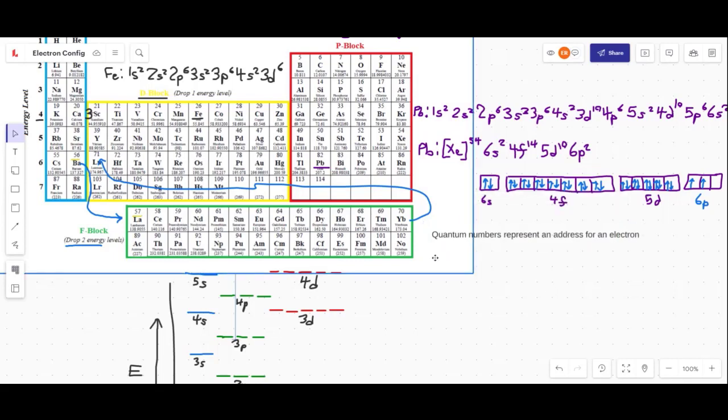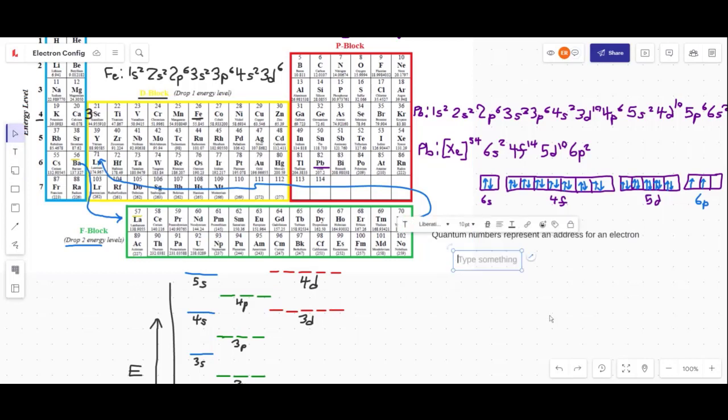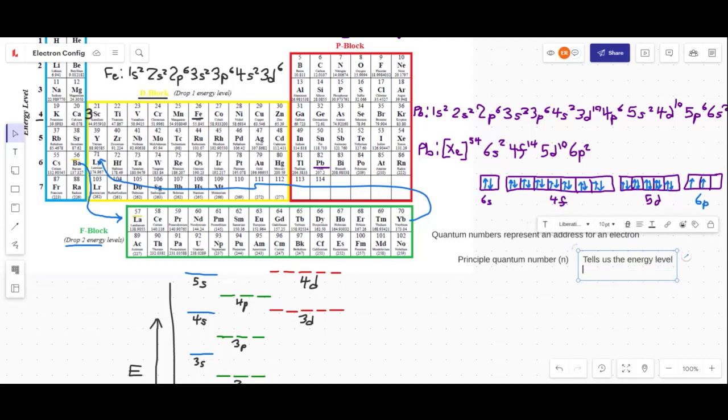Once again, this is by way of analogy, of course, but if I have an address for an electron, there's the principal quantum number, and that has the symbol N. And what does this tell us? Well, it tells us the energy level, or in other words, how far from the nucleus.